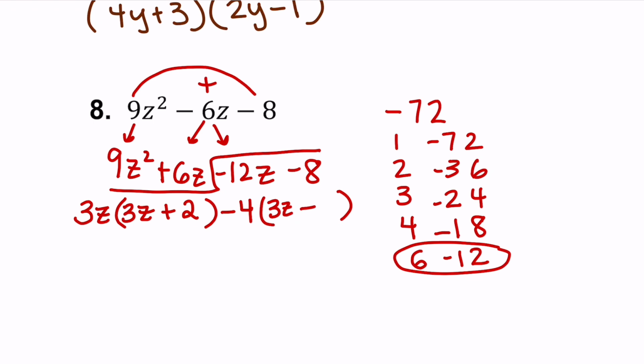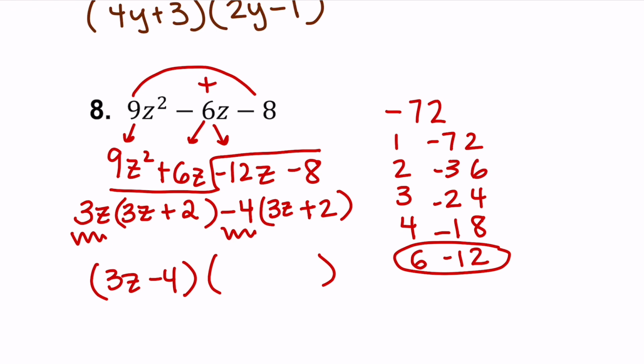And negative 4 times positive 2 gives me a negative 8. Now to write our final answer, we have 3z minus 4 is our first section. Our second one is a 3z plus 2. And that is whatever matches in those two parentheses.